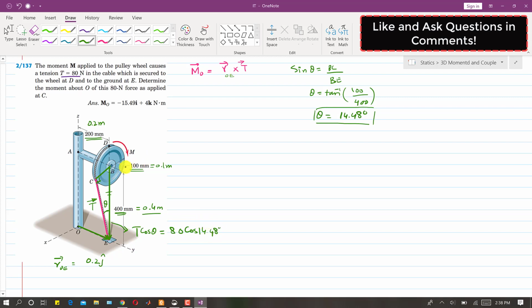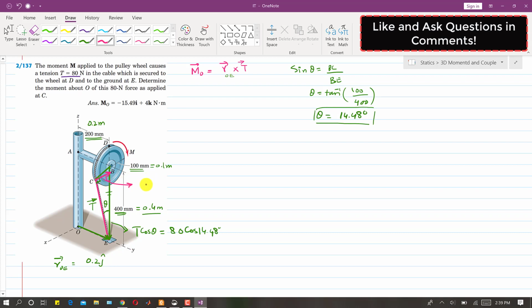If I draw another component of this T vector, it will be parallel to this x-axis, and perpendicular to the other component.